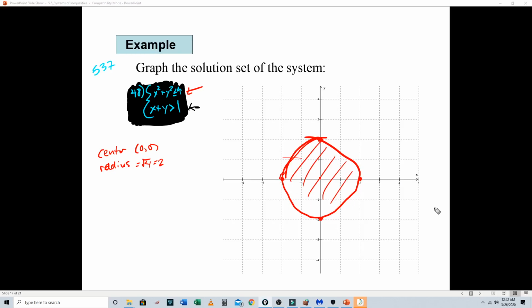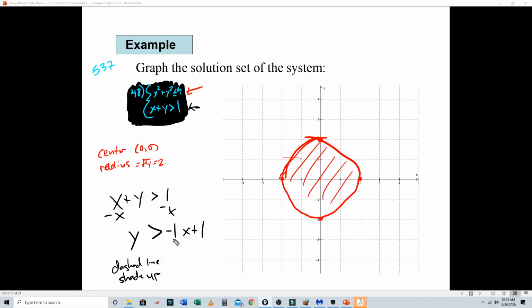Now, the other one, the line, I'm going to solve for y because you really want to make sure you have y solved for. So x plus y is greater than 1, minus x, minus x. Y is greater than -1x plus 1. So now I have y solved for. Notice a dashed line. Because it's greater than, shade up.